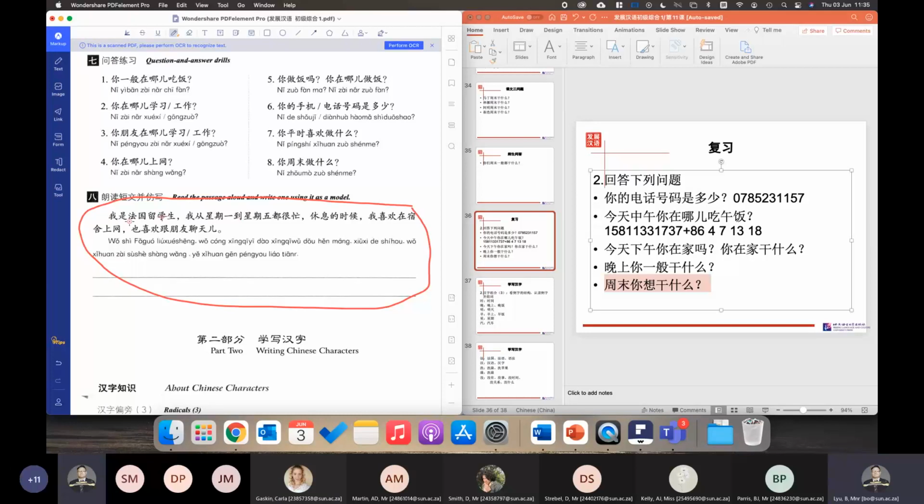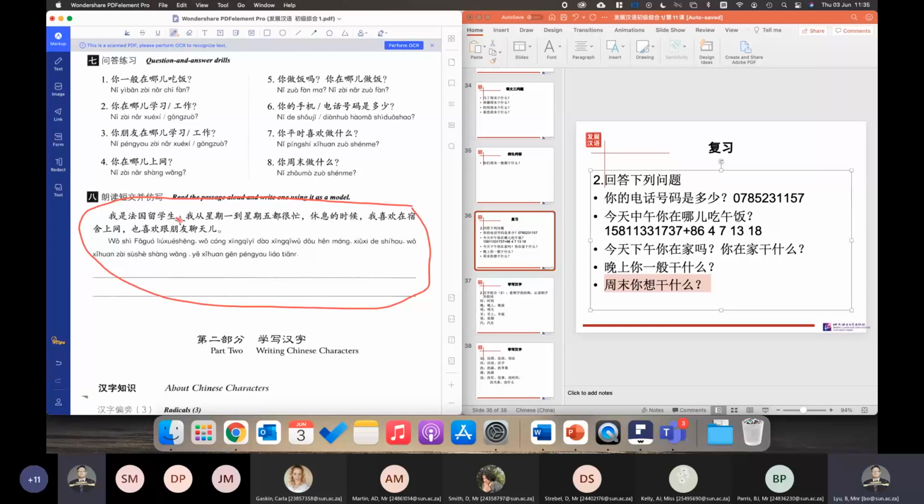And what's happening here is, 我是法国留学生，我从星期一到星期五都很忙。休息的时候，我喜欢在宿舍上网，也喜欢跟朋友聊天。In the mind of whoever wrote the sentence, or in the mind of most Chinese people, this is one meaning, describing what I'm doing, right? But it is nothing wrong if you decide to separate them. However, it requires certain modification.